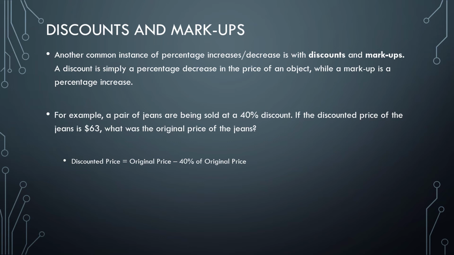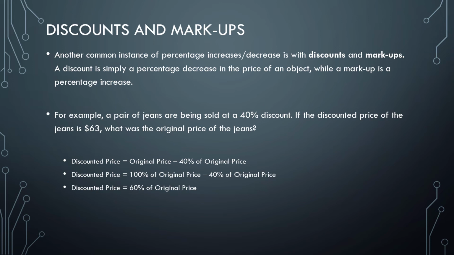So in order to resolve this, since we're trying to solve for the original price, we should probably combine it into one variable. So instead of thinking of it as the original price, we'll say that it's 100% of the original price, which is the same thing, because then we can subtract these percentages. In this case, we have the discounted price is actually 60% of the original price.